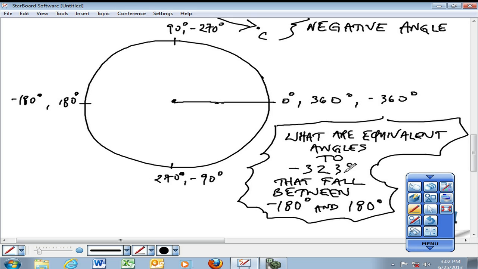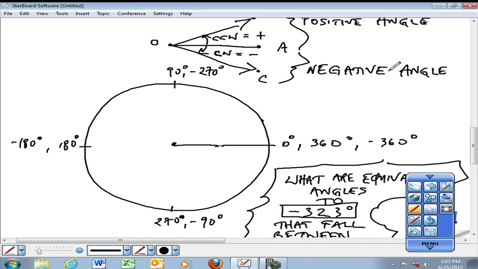Okay, don't let this wig you out. You already have some great examples here of equivalent angles. The idea is we want to end up at negative 323 degrees, but we want to get there via other methods. Which direction do you think we would go to get to negative 323? If it's a negative angle, remember, negative angle, clockwise.